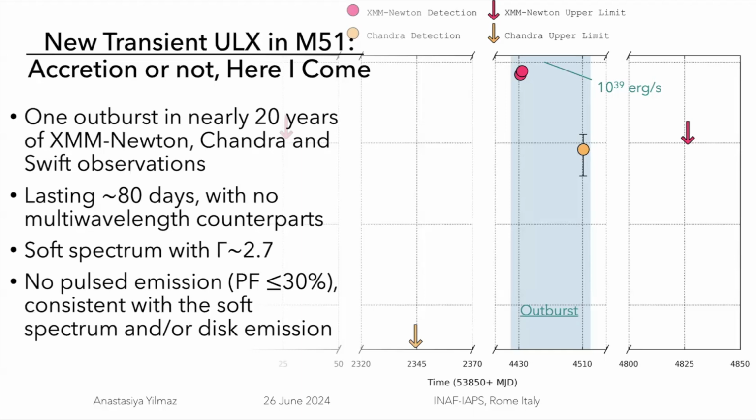And we were not able to see any pulse emission, with a pulse fraction upper limit below 30%, which, combined with the soft spectrum, is consistent with accretion disk emission. If you are able to see pulse emission from a ULX, it is usually thought to originate from the inner accretion flow, where you would see a much harder spectrum rather than a 2.7 photon index.